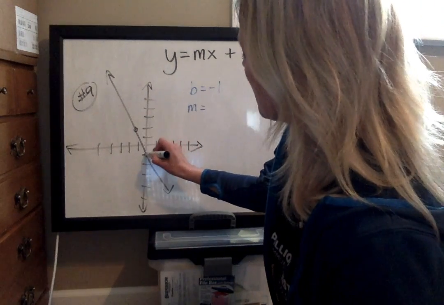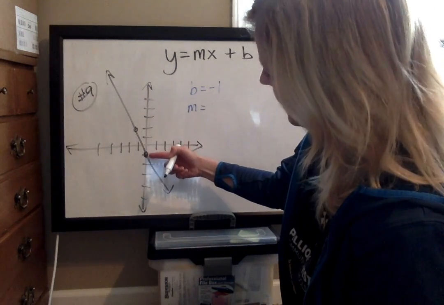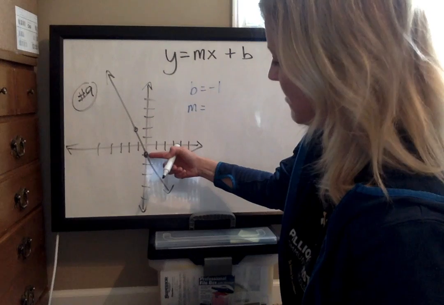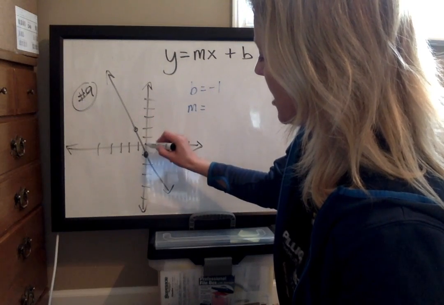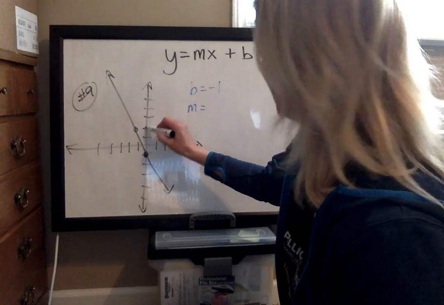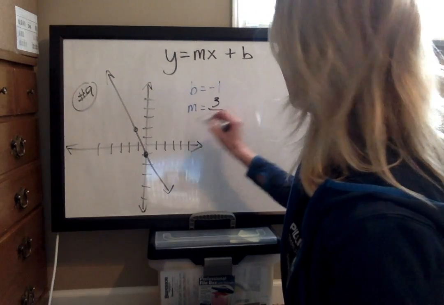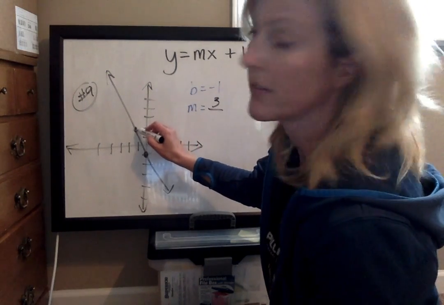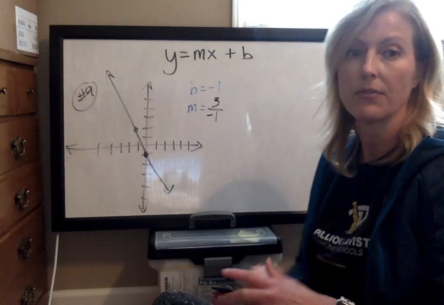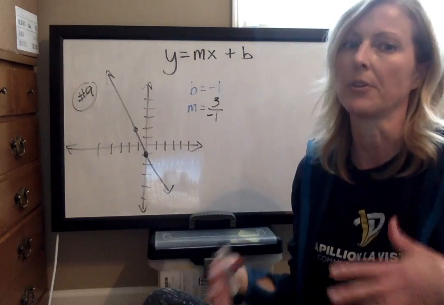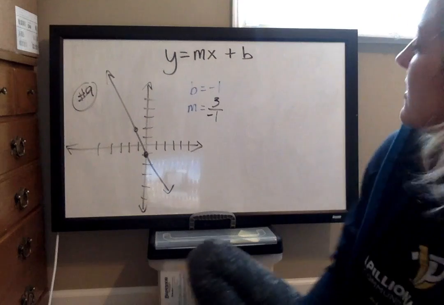So I start down here on the y-intercept, which is at -1. I'm going to count up and then over. From here I go up 1, 2, 3. So I go up 3, and then I go over -1. So my slope is 3 over -1, or -3 over 1, however you want to write it.